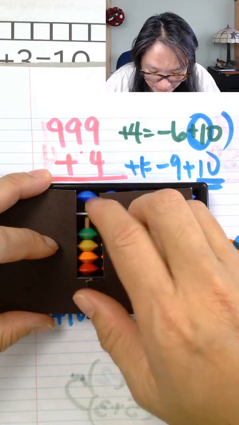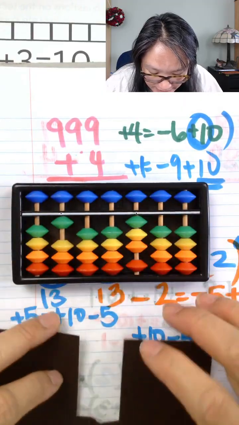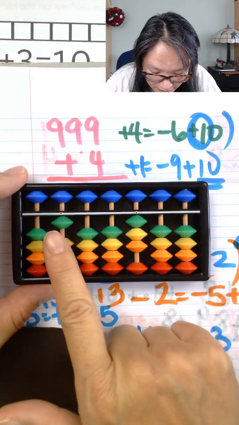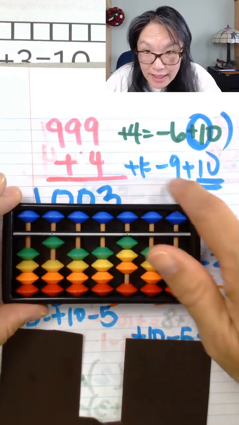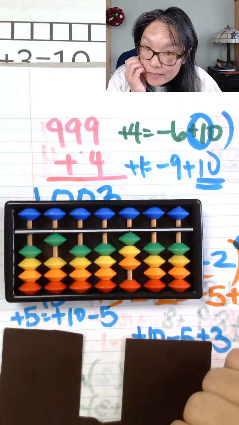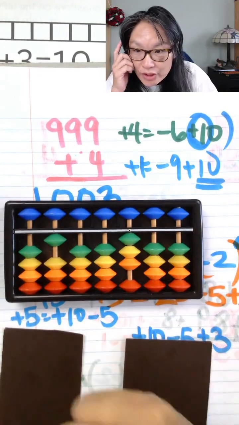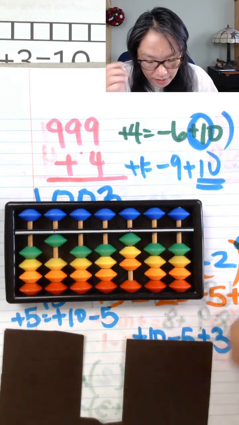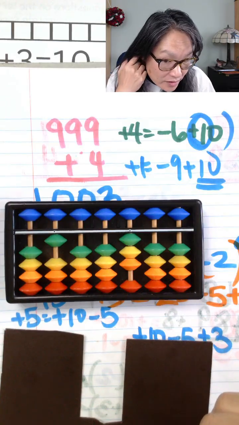Minus the 9 and then plus the 10. So when I take it away, my final answer is 1003. I keep doing this until I can't do it anymore. So it's like a programming loop, right? You keep doing the loop until you can't do it anymore. Yes, 1003.